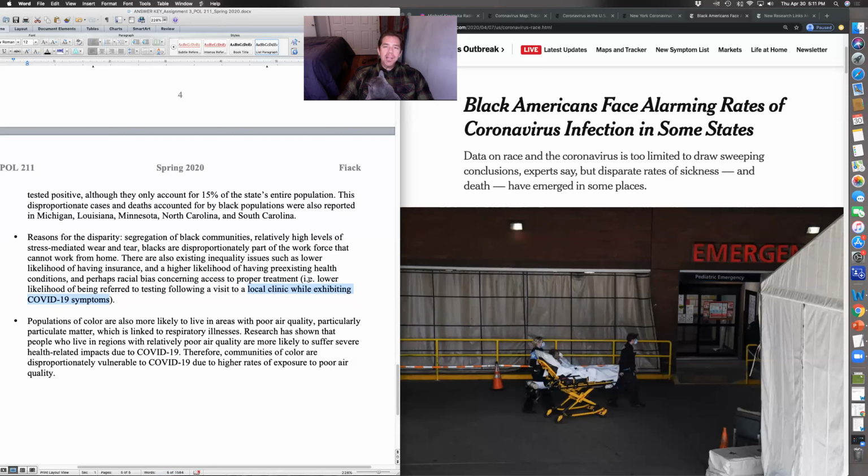There's a lower likelihood of someone who's Black experiencing that referral process than someone who might be white and has the exact same conditions, right? This is what they're calling in this article racial bias related to treatment of COVID-19.